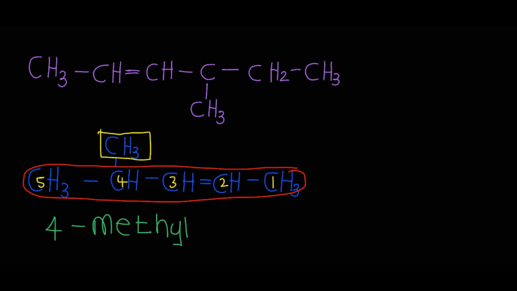And then after the substituent, we know it is the root. We have the longest chain of 5 carbons, so we say pent. And then now I want to be specific with the double bond. This double bond is at carbon 2. So we say dash and then 2, and then we write the suffix, which is ene.